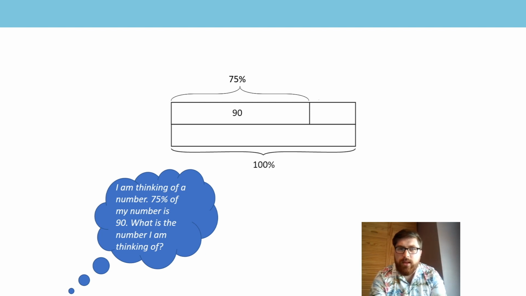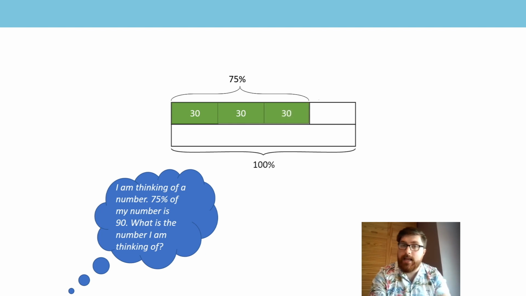Well, I can see that I can divide 75% into 3 equal parts, each 25%. So I've divided 90 into 3 equal parts, which represents 30 for each of those equal parts. Now I can see that I've got one part missing.